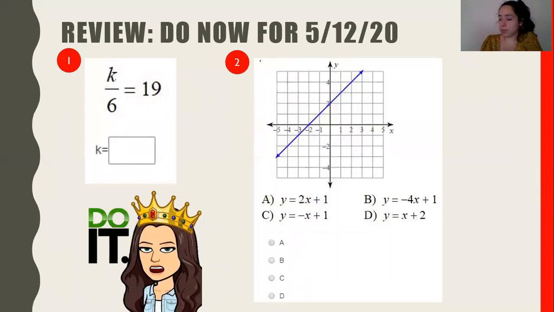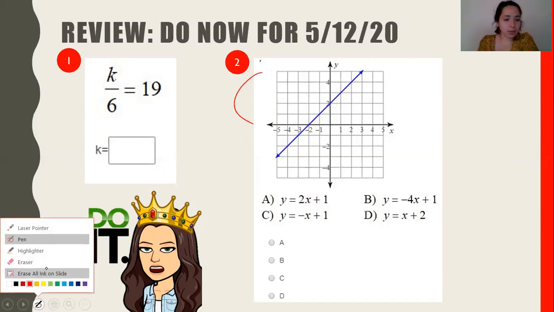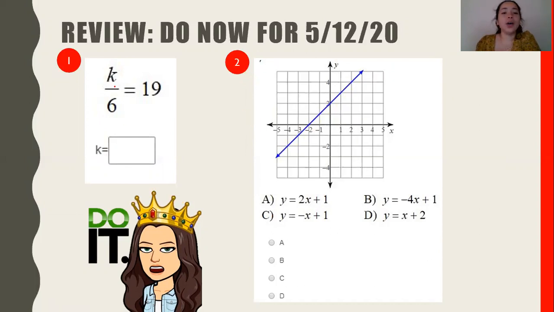When we look at question number 1, this is something that we've been working on since the start of the school year. Whenever we have a variable being divided by 6, remember that symbol signifies division. In order to get rid of that 6, we have to do the opposite.